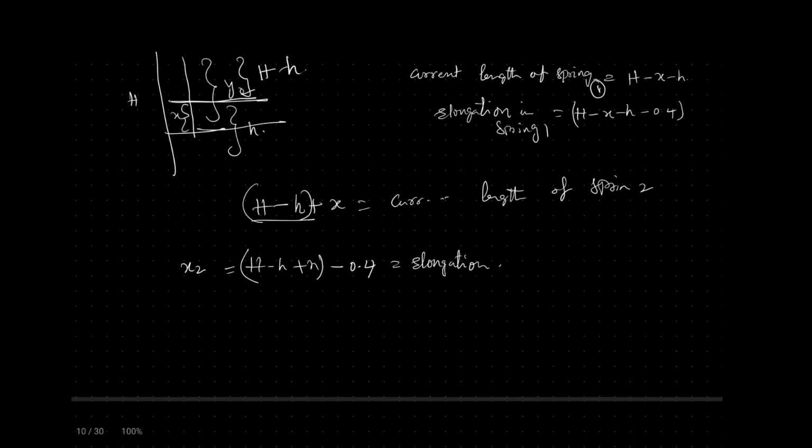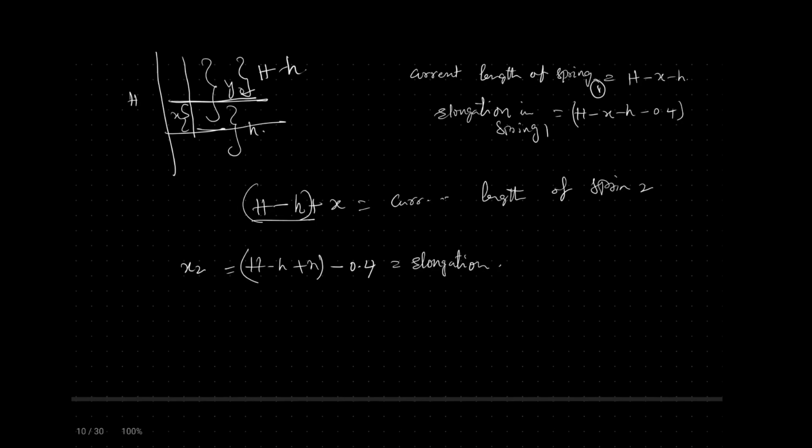X1 is equal to H minus h plus x minus 0.4, equal to 15 into H minus h, I'm sorry, it is H minus h plus x minus 0.4.